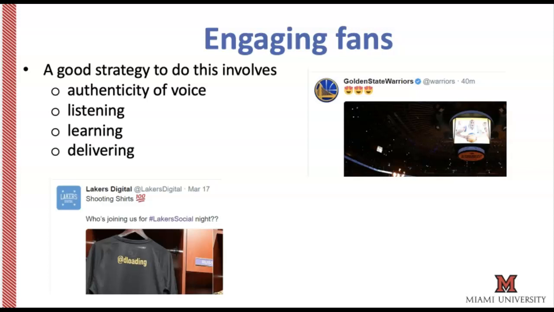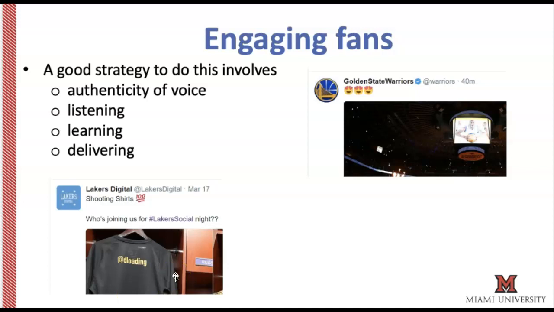Other strategies include listening, learning, and delivering. A lot of times, we are able to share with people some very interesting stories, and also we can organize some activities. Right. For instance, Lakers Digital.